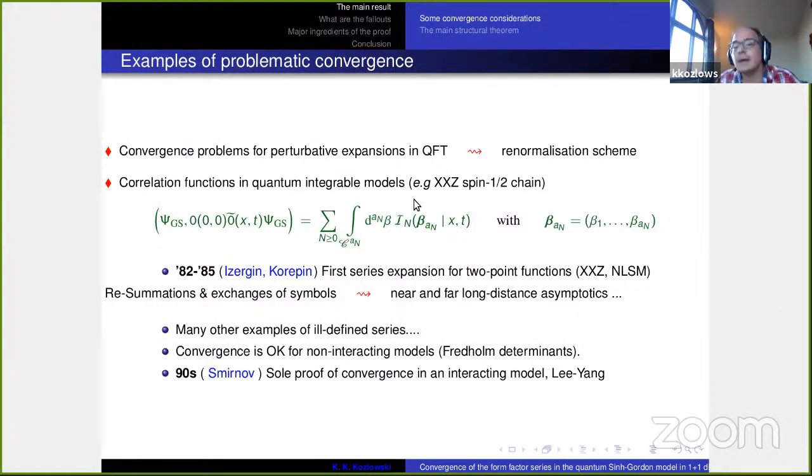Whereas in the general case, you have to find a way to bound the growth of the n-fold integral appearing in the n-fold sum. In fact, the only proof of convergence of such a series of multiple integrals goes back to the works of Fedosenko in the early 90s, where he was able to prove the convergence of a two-point function arising in the Lieb-Liniger model.